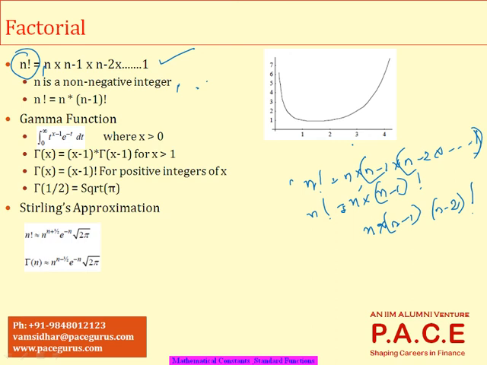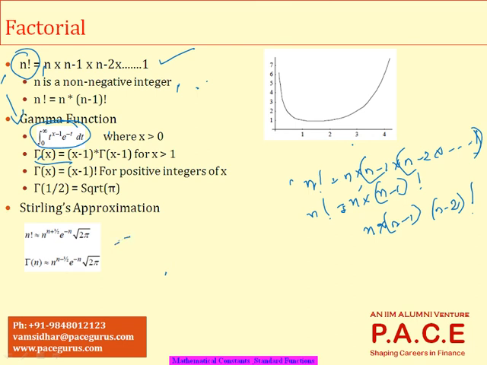I also suggest you should be comfortable with a function called the gamma function, or finding the value of gamma. You don't need to bother too much about the integral or technical aspect of it right now, because most of the questions involve finding the value of a particular gamma.